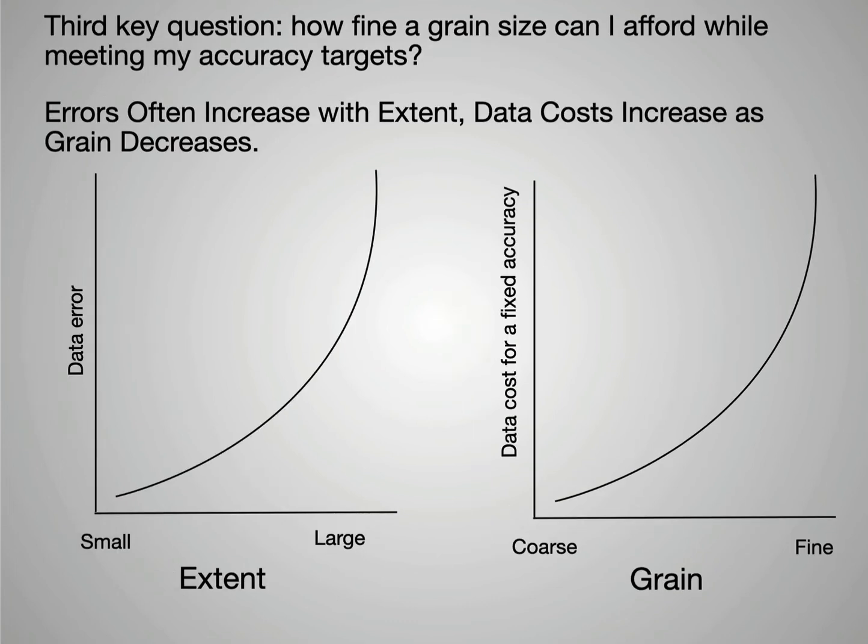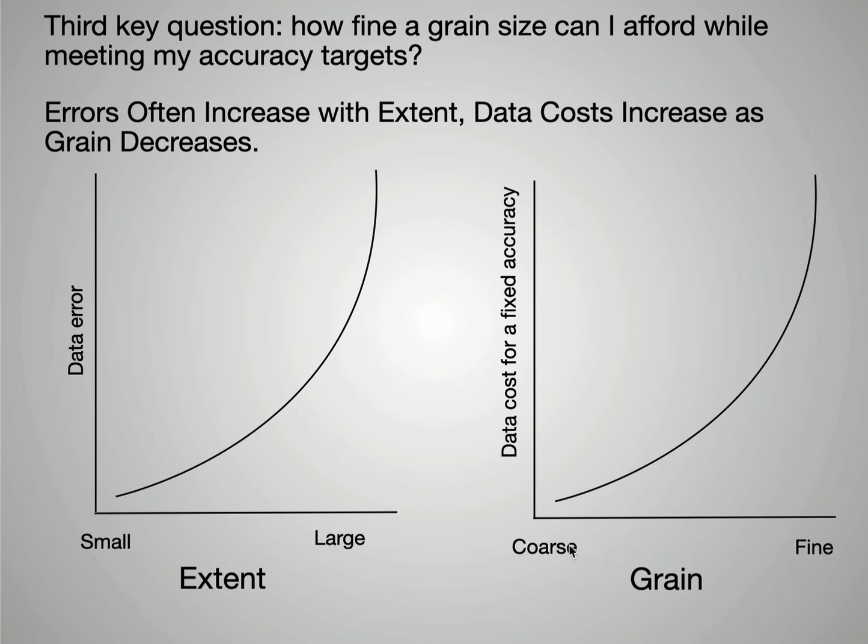Another thing you don't often think about is that the data error often increases the larger the area that you work over. You have to do things like tile together separately collected photos or images, and that introduces some error. You just have more area to collect, so people get tired in collecting data.